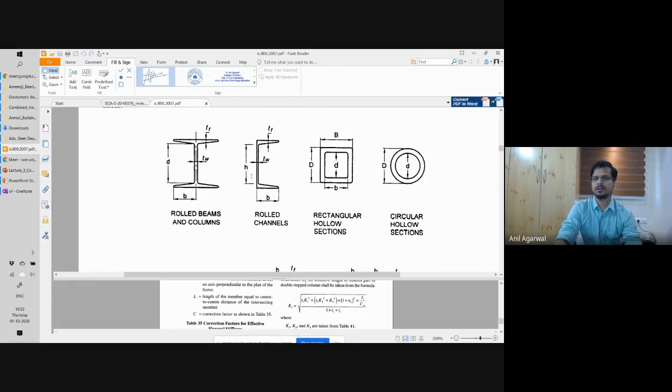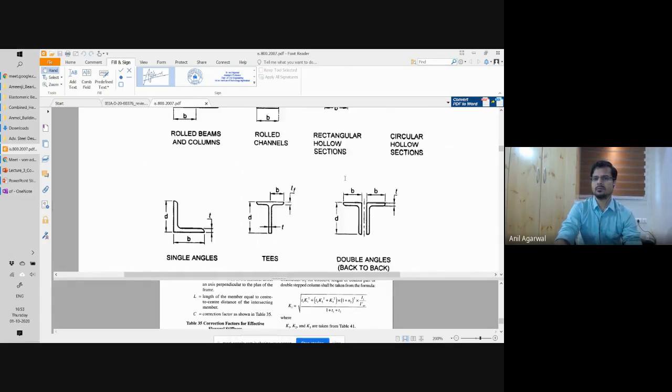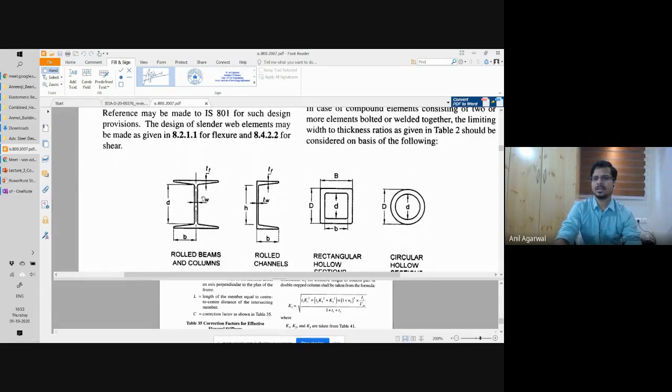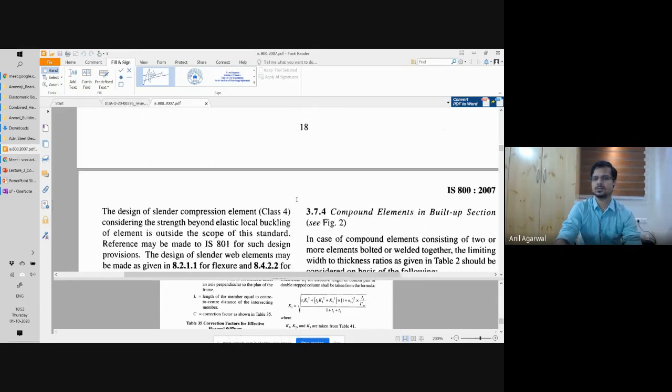Similarly, for a channel, this is H, this is TW. So you need to take H divided by TW. Likewise, for a flange, B is not the full width, but half of the width of the flange, measured not from the corner or the fillet location, but from the middle of the web. That is how these dimensions are defined: D by TF, D by TW, and so on.